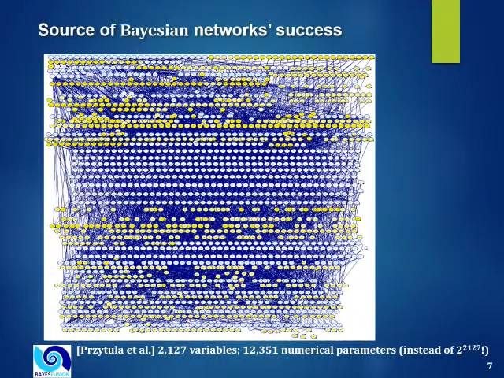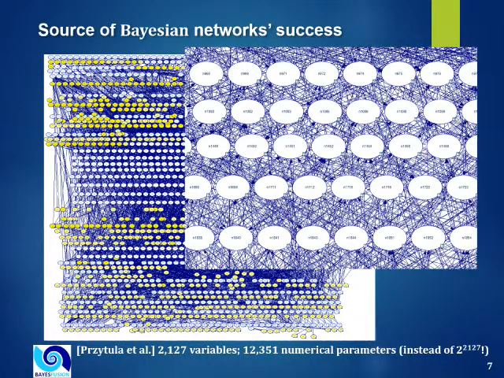Here is a network demonstrating the power of representation using Bayesian networks. There are over 2100 variables in this model. Brute force representation would require 2 to the power of 2100 parameters. This network is represented by just 12,000 parameters.